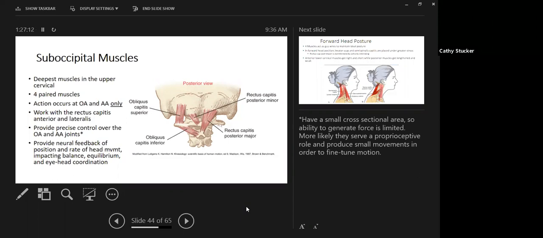What's the rate of movement? What's equilibrium doing? Where is the head as far as tilt and orientation? The coordination of your eye and your gaze stabilization with the horizon. It keeps your head oriented. So it gives feedback to the central nervous system on where your head is in space. So some proprioceptive input comes from those suboccipital muscles.